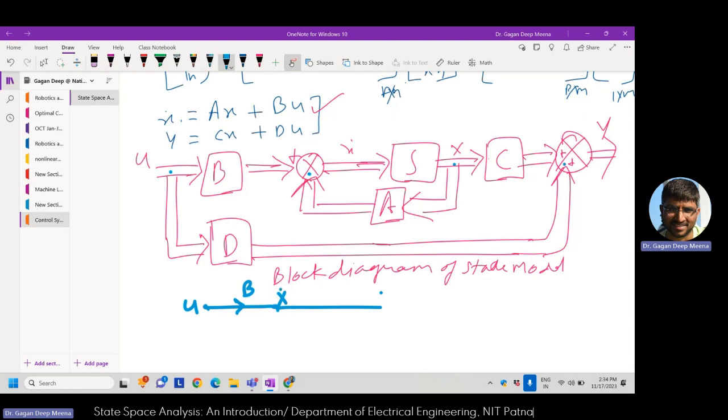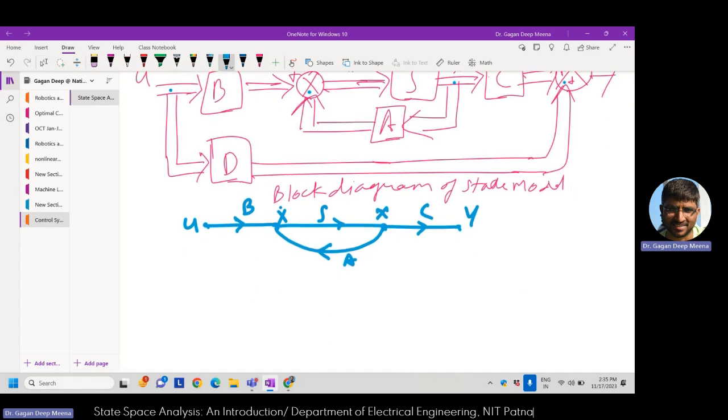Then it's going further. So this is x dot here, and with an integrator, it's going to x. So this is another node here. Further, with the gain c, this is going to the node y, which is the output. Now, if you notice this block diagram, a is taking off from x and reaching x dot, so I'll make this branch with the gain a in the feedback.